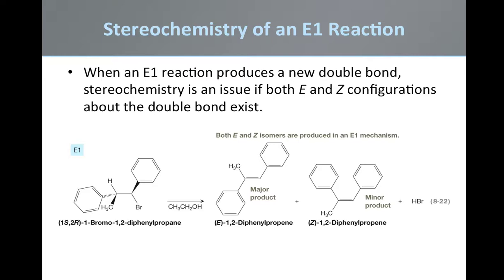Now, in an E2 elimination, only one will be realized. So let's take a look at the stereospecificity of an E2 elimination and then compare it to the lack of stereospecificity of an E1 elimination.